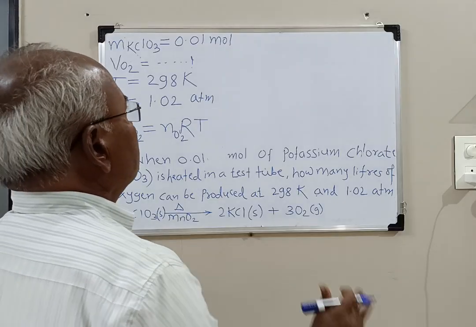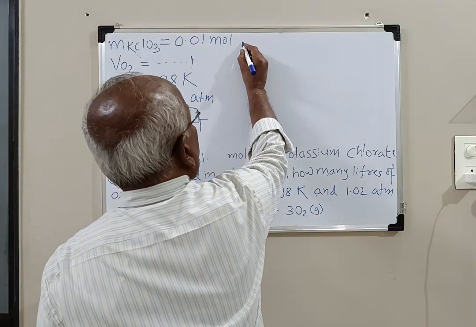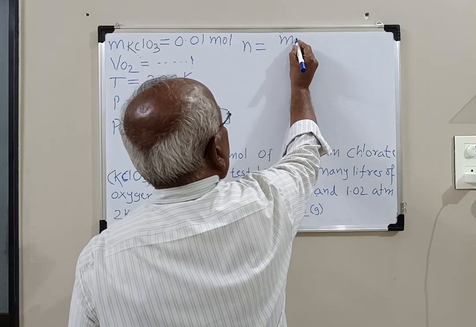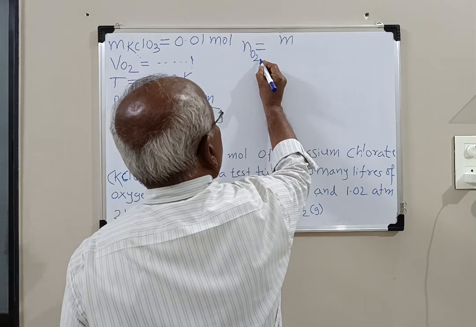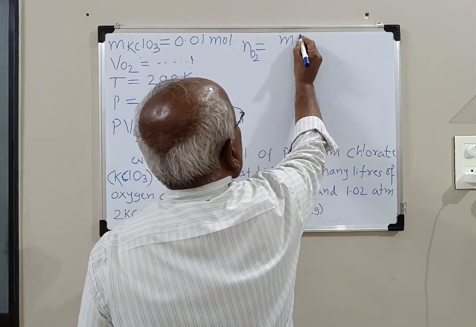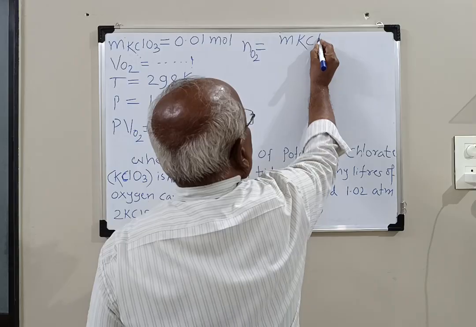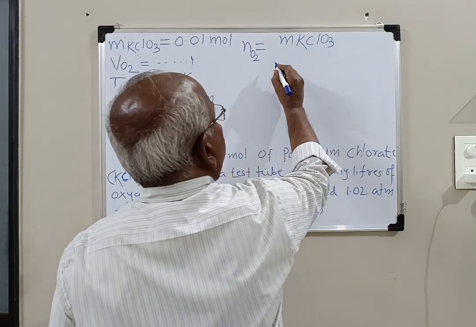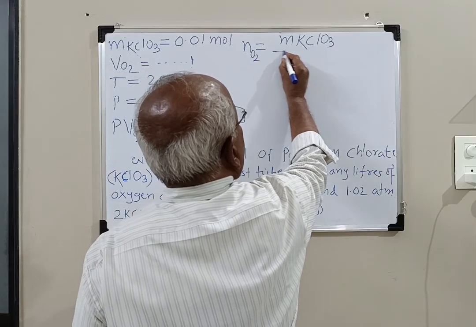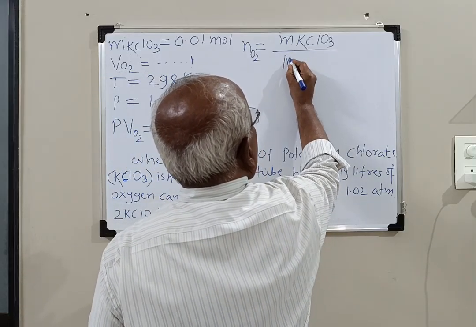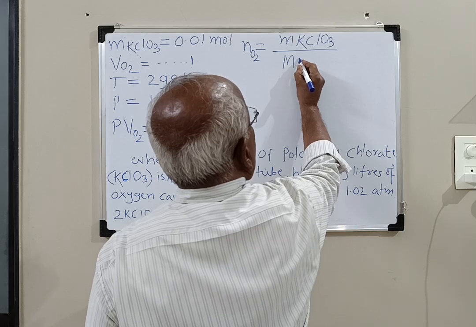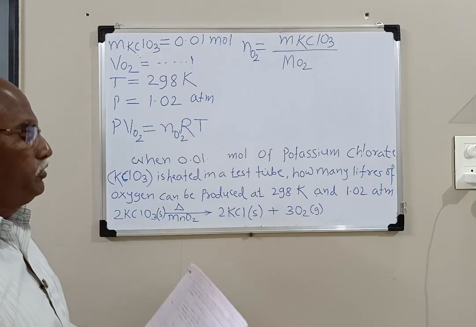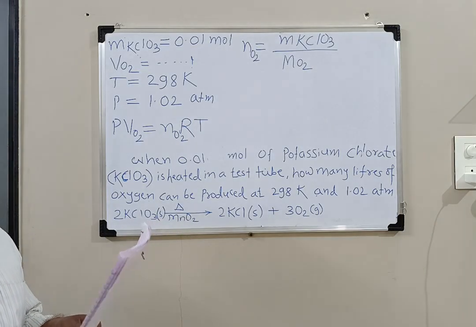So I write here n is equal to the moles of oxygen I want to calculate, mass of KClO3 divided by molecular weight of oxygen.